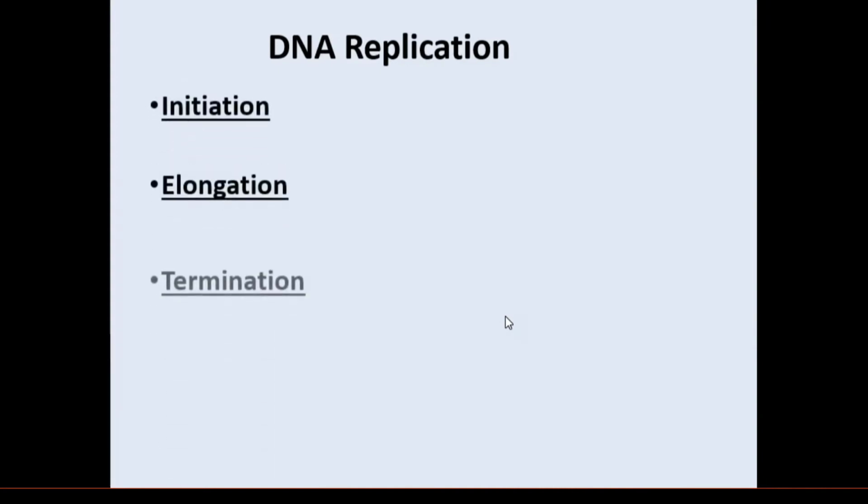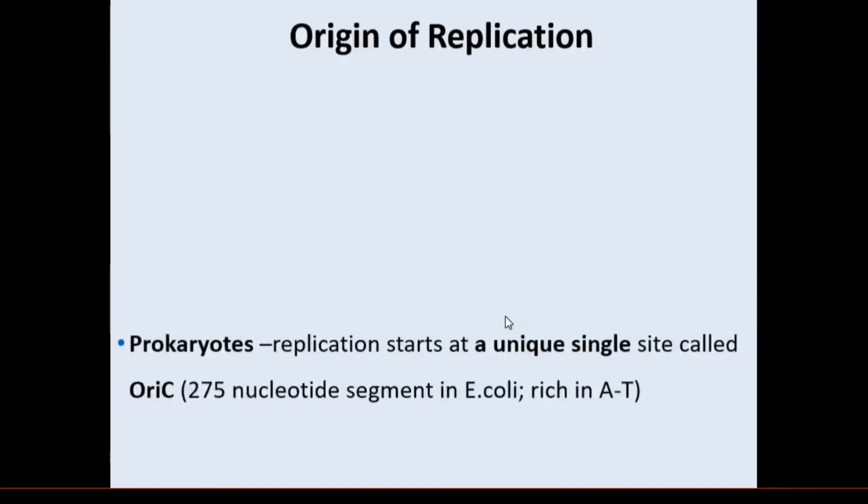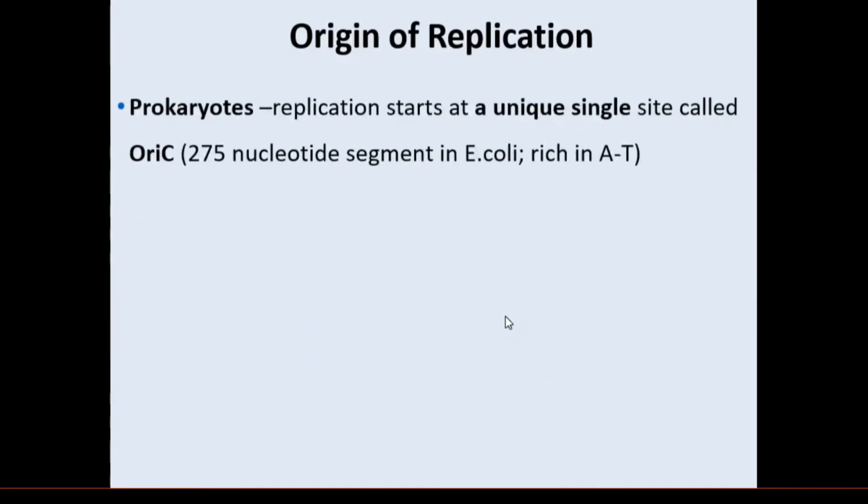DNA replication consists of three steps: initiation, elongation, and termination. First of all, origin of replication. DNA replication does not begin at random places.